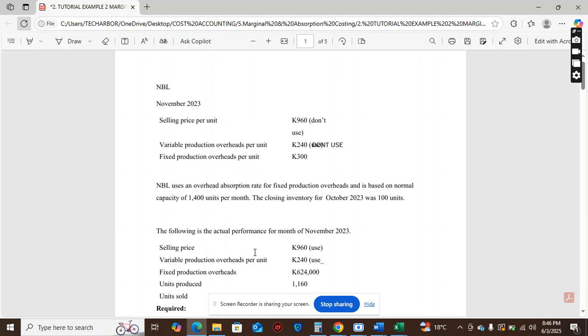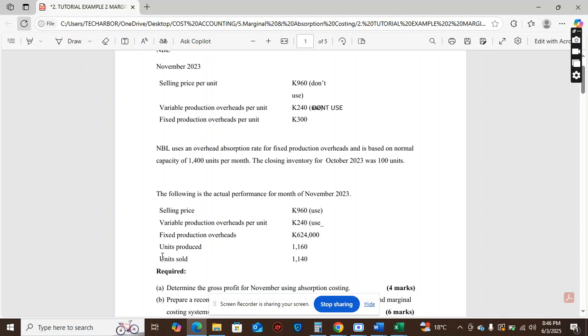Then here they've told us we've produced 1,160. So, colleagues, do you think we overabsorb or underabsorb? We've budgeted 1,400 units, but with the actual performance, we produced 1,160 units. So, do you think we overabsorb or underabsorb?